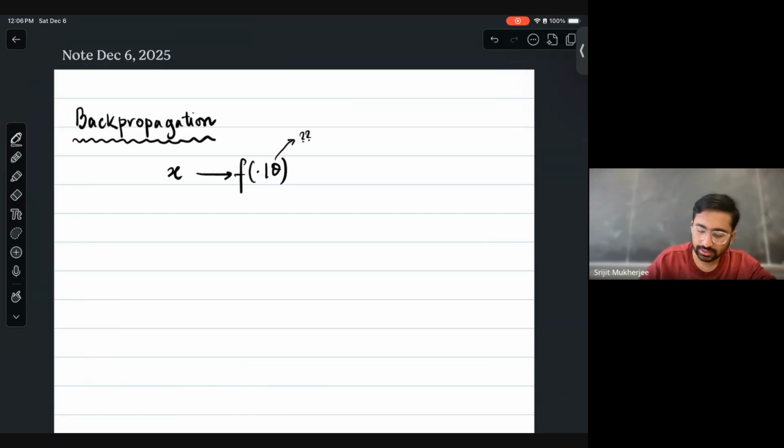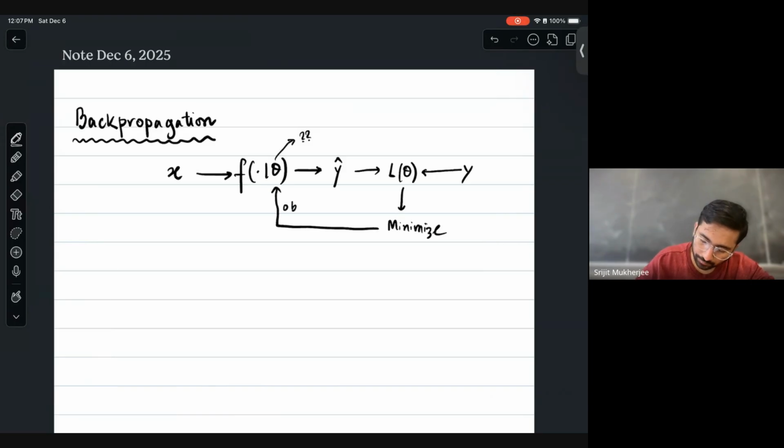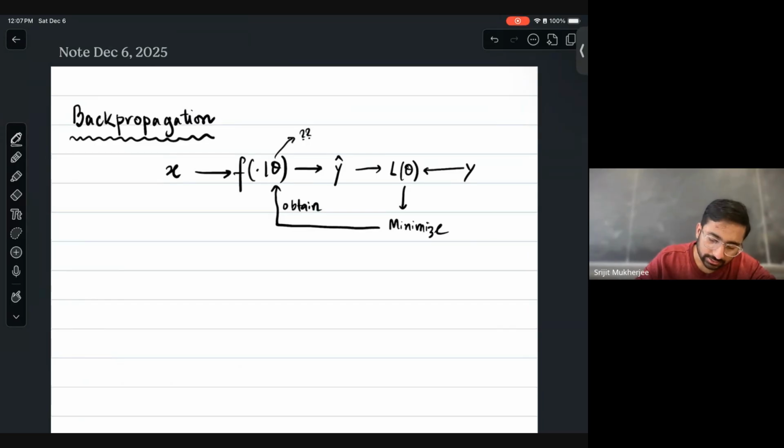Then we have the y hat, and then we have the loss function, which is also a function of theta. And the goal is to minimize this, to obtain this. Okay, because this is a function of theta. So this is a basic structure.